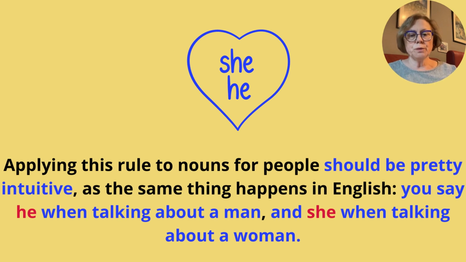Applying this rule to nouns for people should be pretty intuitive, as the same thing happens in English. You say he when talking about a man and she when talking about a woman.